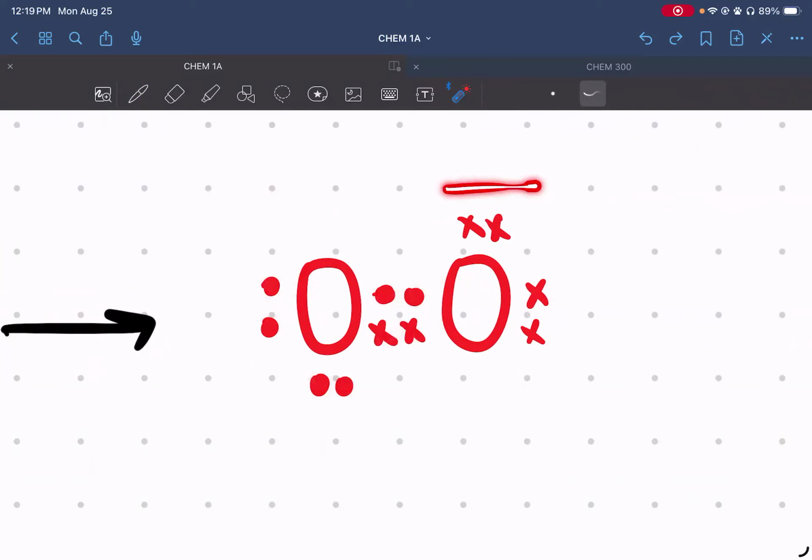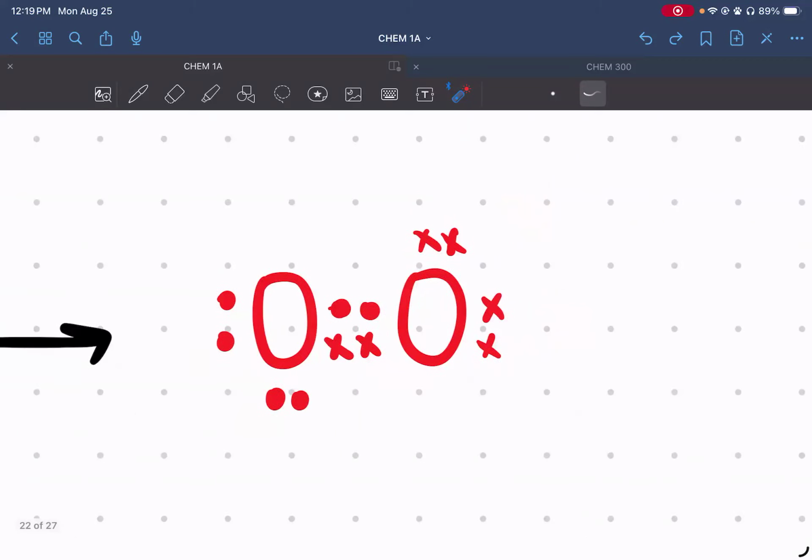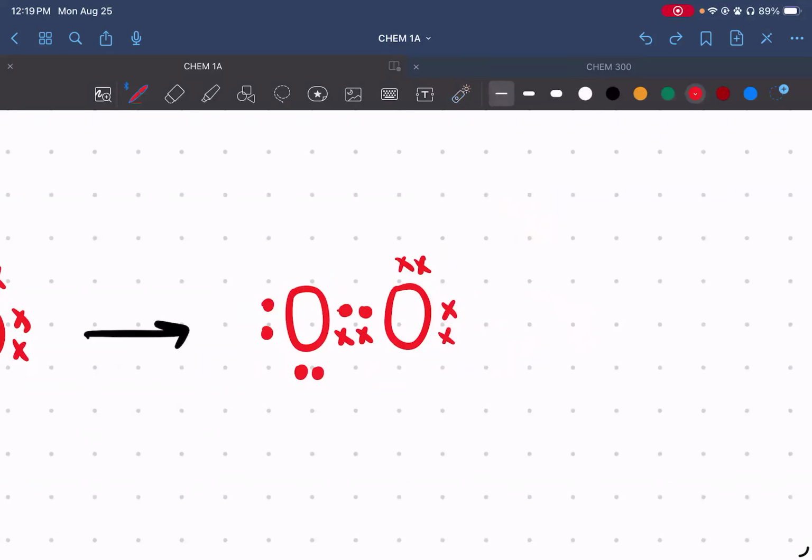From the perspective of the right oxygen, 1, 2, 3, 4, 5, 6, 7, 8 electrons. As a result, these oxygens now have a full octet via sharing. If we were to draw this out, we would say that between the oxygens, there is a double bond. Why a double bond? Well, remember, if a single bond is 2 electrons, then a double bond is 4 electrons. It's twice as much.